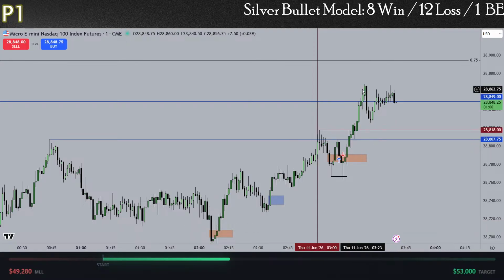I like the relative equal highs that they are placing here. This will be a sweet area to run that out, and also a great area for a potential offset distribution.